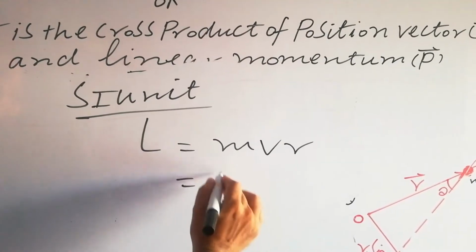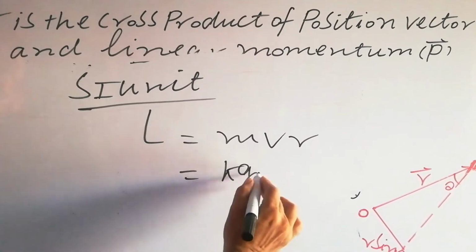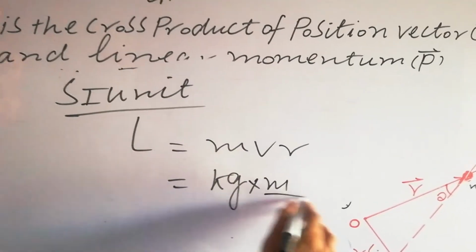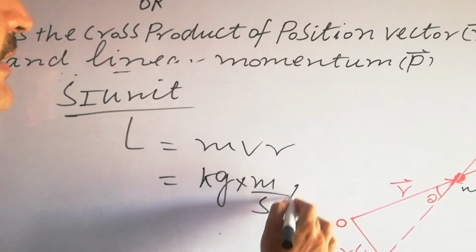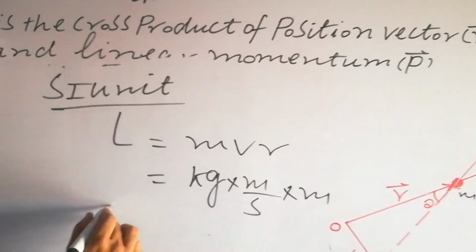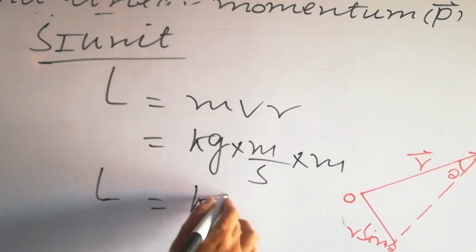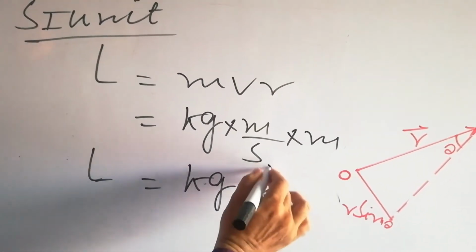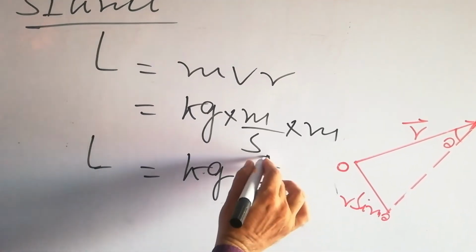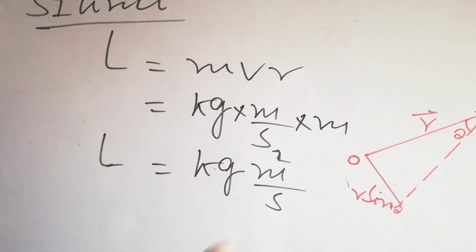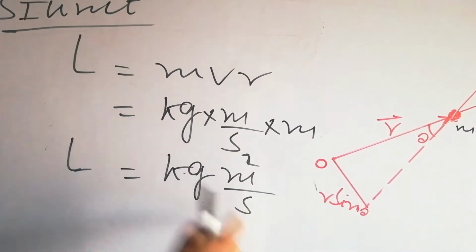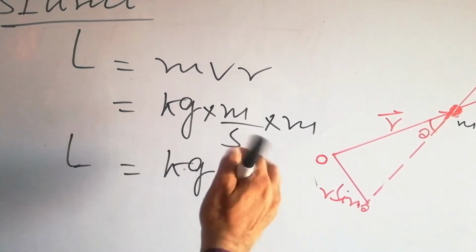The unit of mass is kilogram, the unit of velocity is meter per second, and the unit of distance is meter. So we have the unit of angular momentum as kilogram meter square per second. So that is the first unit.